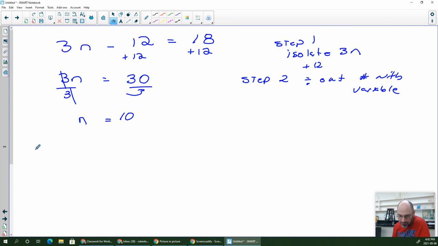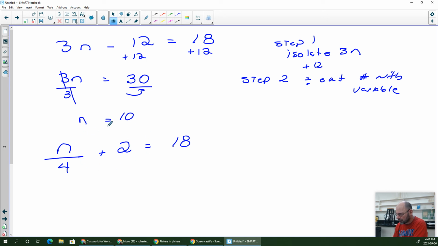So if they give you a weird one like this, say n divided by 4 plus 2 equals 18. Okay, so again, you got a weird one here. So the first thing is you want to get this n over 4 by itself.